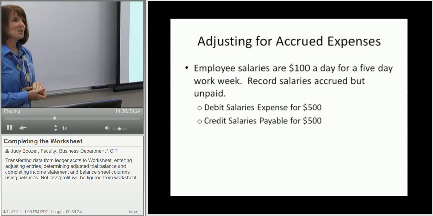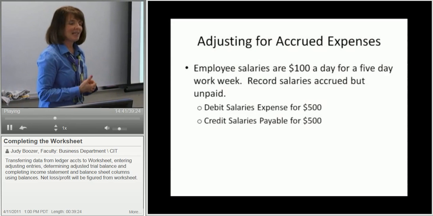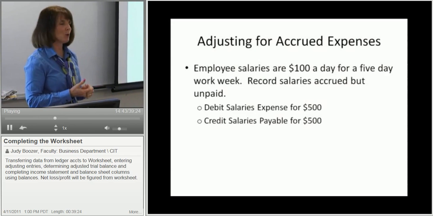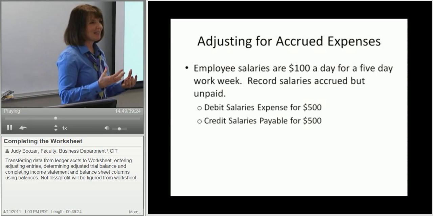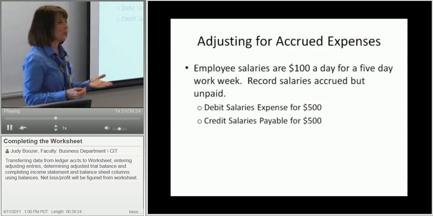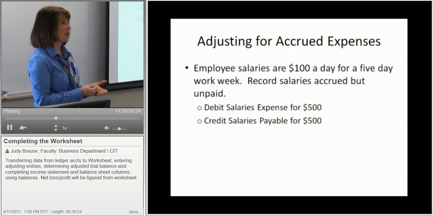Now, the last one we're going to talk about today for adjustments is adjustments for accrued expenses. For example, when you get paid, are you paid through that last day you worked? No. Like today's the end of the pay period. Do you get paid today?